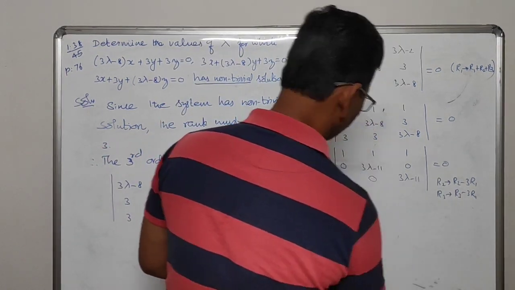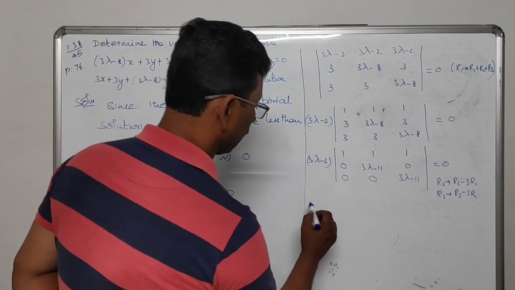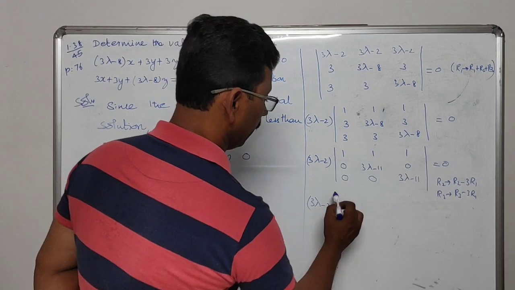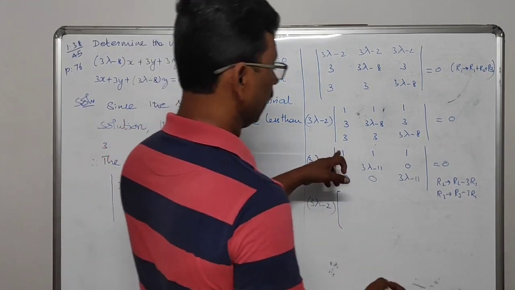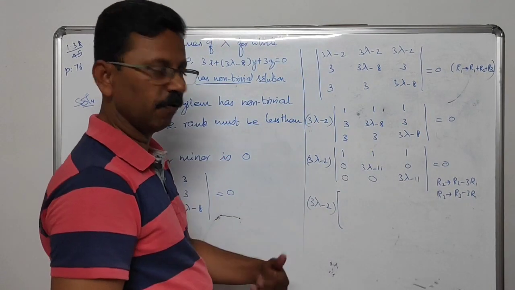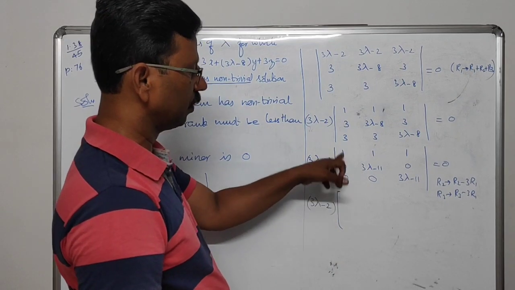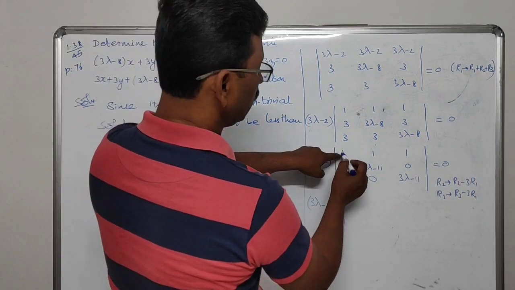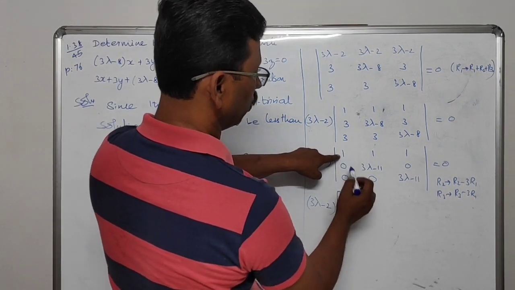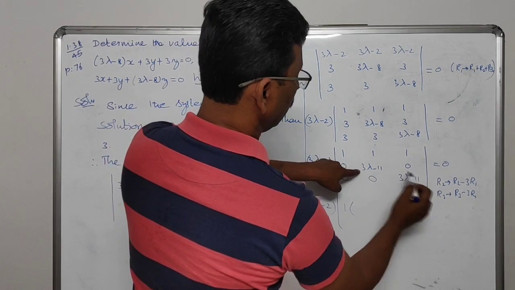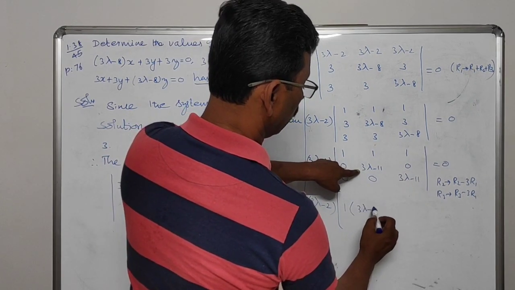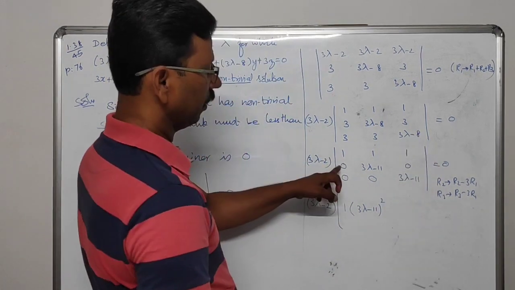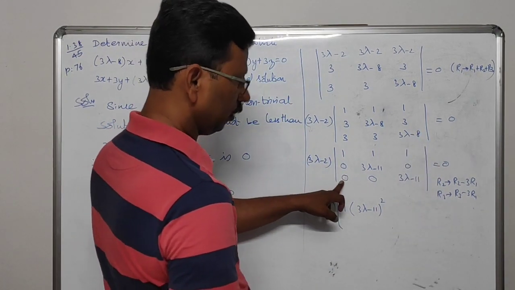Then after that, on the left hand side, you can write 3 lambda minus 2 into this determinant, which can be expanded. You can expand this determinant either row wise or column wise. Since in the first column we have 2 elements that are 0, it is better to expand through the first column, plus 1 into, leaving this row and this column, you multiply these two to get 3 lambda minus 11 into 3 lambda minus 11, that is 3 lambda minus 11 whole square, then minus 0, plus 0, plus 0.